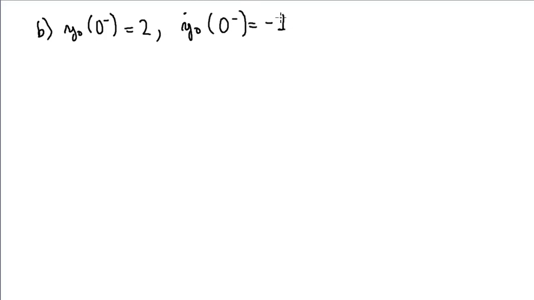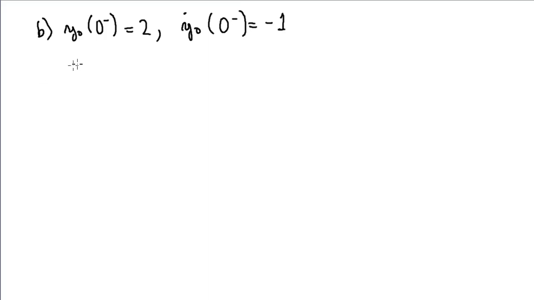In part B, we're given the initial conditions: y of 0 at 0 minus is equal to 2, and the first derivative at 0 minus is equal to minus 1.